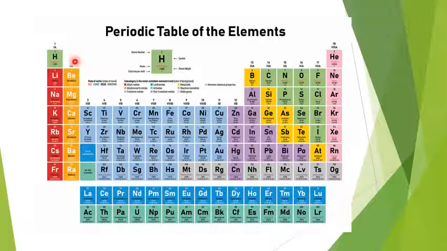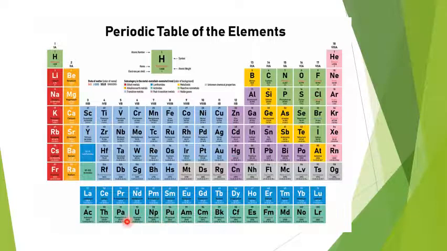Second column is called the alkaline earth. And alkaline is spelled A-L-K-A-L-I-N-E. Okay. These guys in the middle here, from column 3 through 12, are called the transition elements. The bottom here are called the inner transition.